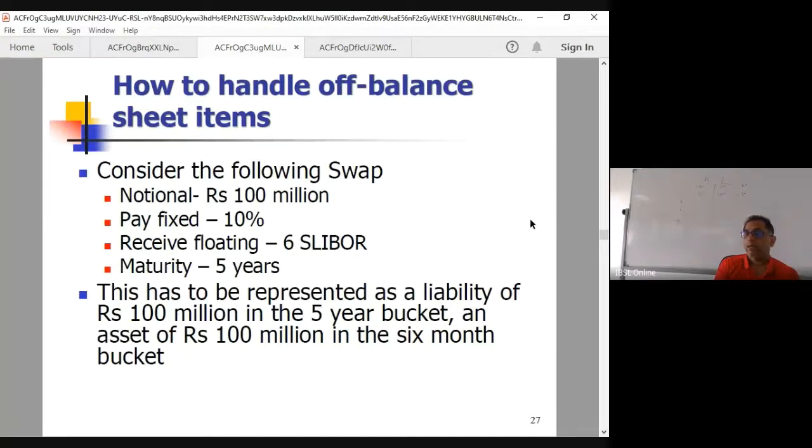In this case, the example given is that you pay fixed 10%. In other words, you are fixed into paying somebody 10% interest over a period of 5 years, and you are receiving the SLIBOR. It's equivalent to you borrowing on a fixed basis for 5 years at a fixed interest rate, although it's a notional amount you're talking about and not really an actual cash flow movement.